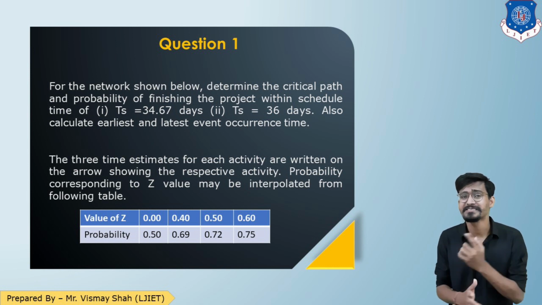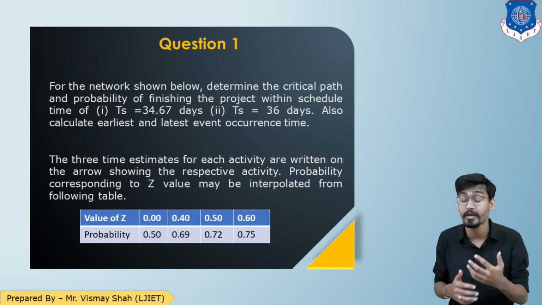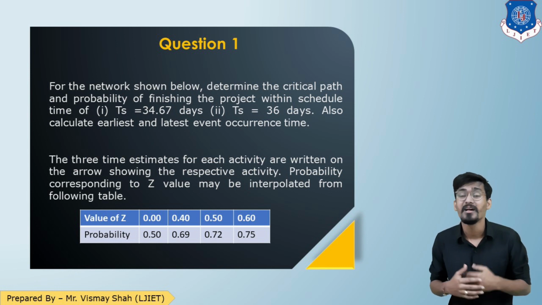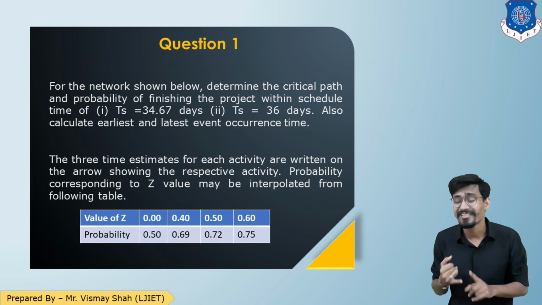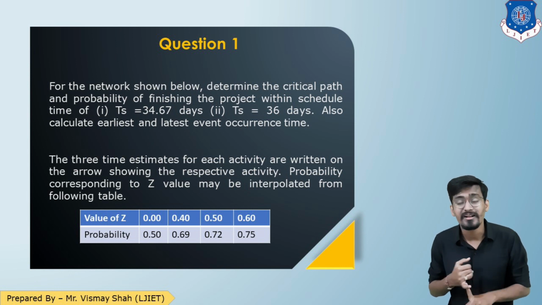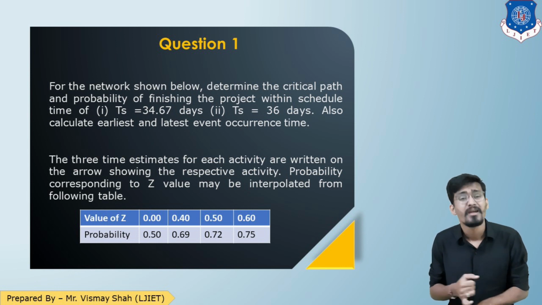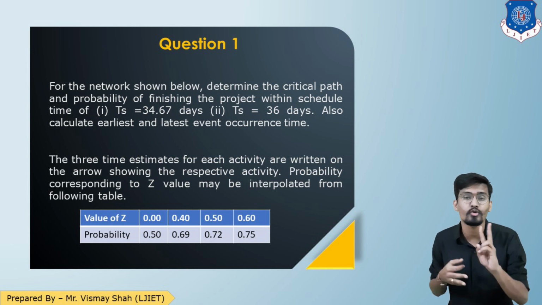So the probability which we need to find is from this table. So the question is that a network is given. On that network, all 3 time estimates are given. We need to find the critical path and we need to find the probability for 2 cases.